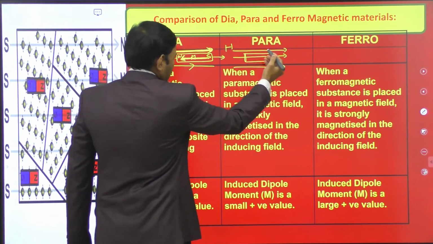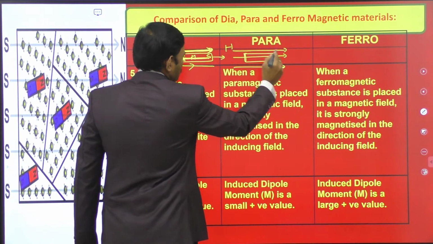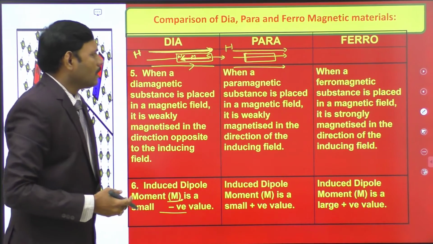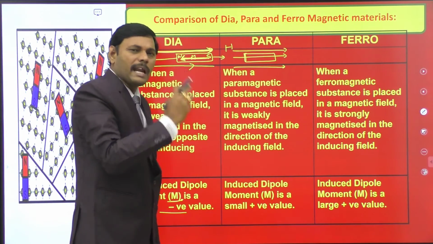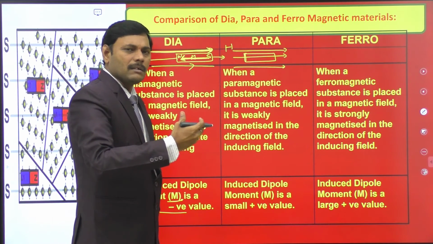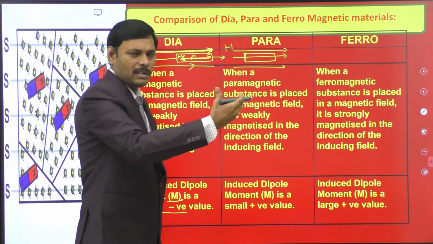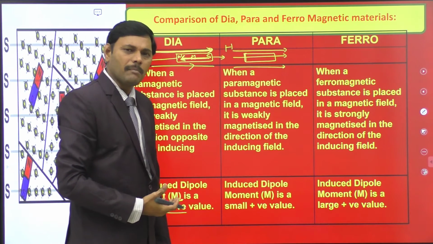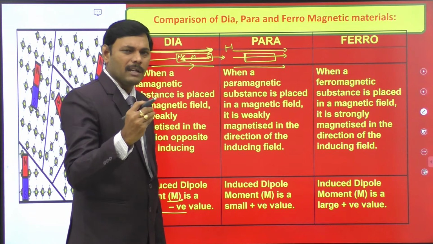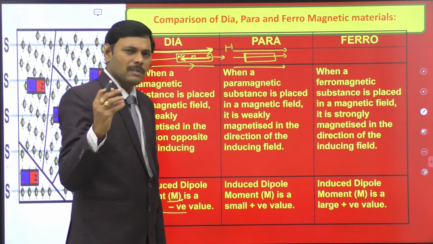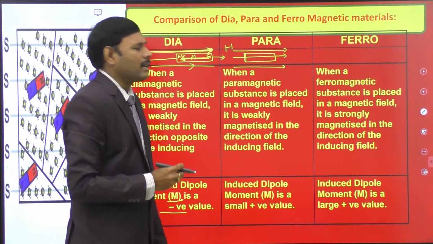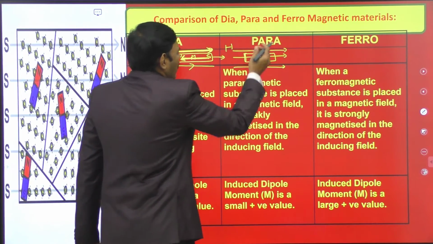Then this paramagnetic substance gets magnetized, because I already explained that the atoms which were randomly oriented may orient partially along the direction of the applied field in paramagnetic substances. When it is introduced in an external magnetic field, the atoms may orient their magnetic moment along the applied magnetic field. That's why they get a partial magnetic moment.